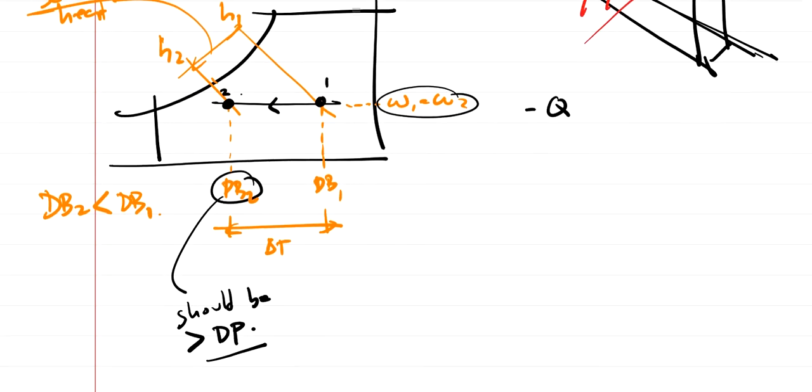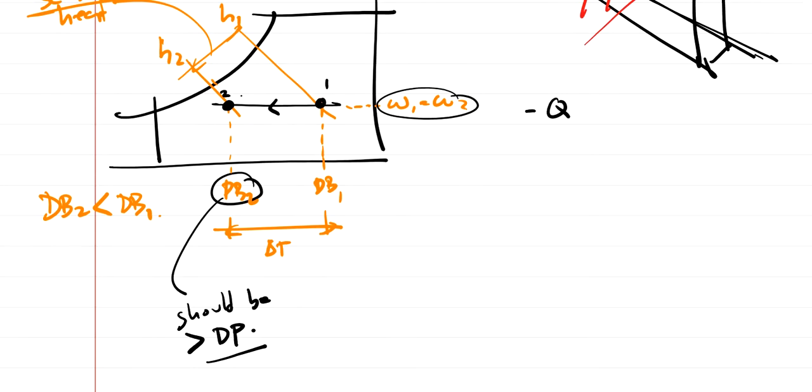So just take note of that. For the energy balance and the mass balance, it's still the same, except for the signs. One is negative. Anyway, now we'll do a sample problem regarding this cooling process.